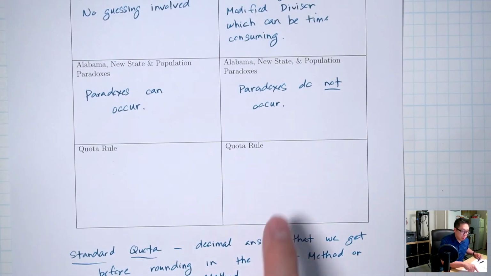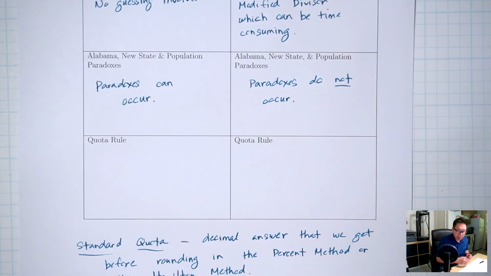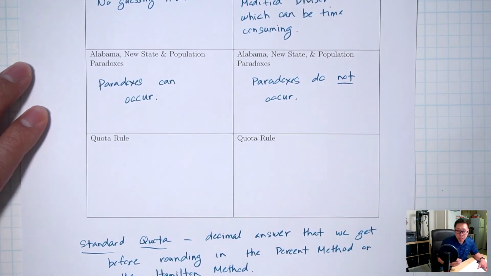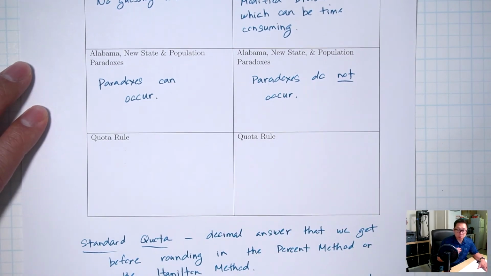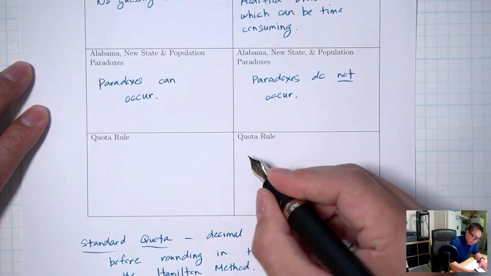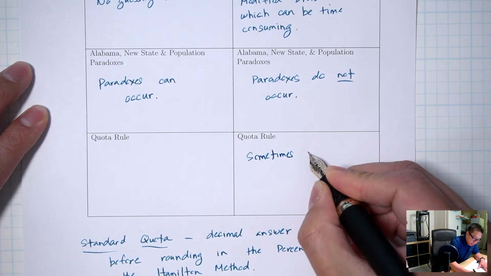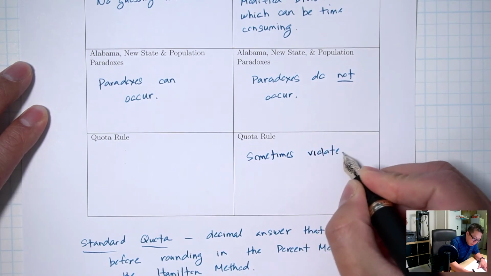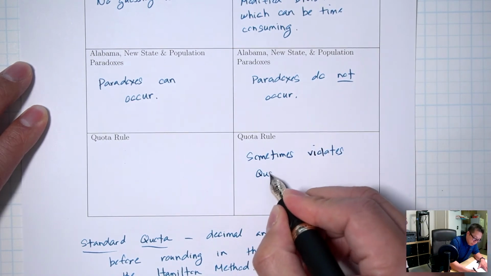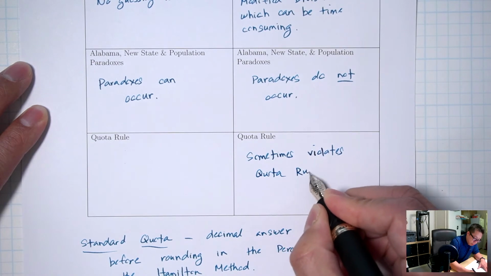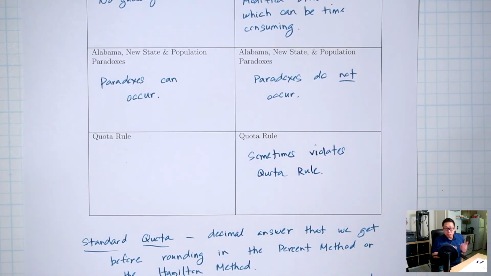And the issue with the Jefferson method is that it sometimes violates the quota rule. It doesn't happen all the time, but sometimes it could happen where the quota rule is violated. Okay, which could be thought of as a flaw of the Jefferson method.